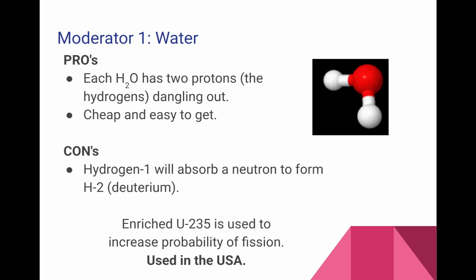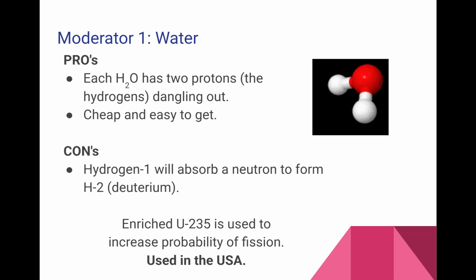This is great, except for a small problem. The hydrogen-1s that make up most of the water that we would deal with actually have a tendency to absorb neutrons themselves. So if they absorb the neutrons, they're not going to continue on their merry way to be absorbed by uranium-235. The way to get around this is to make sure that the uranium that you're using in your reactor is even a higher percentage of uranium-235.